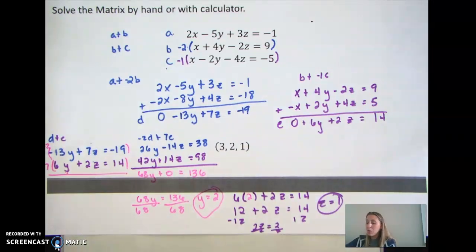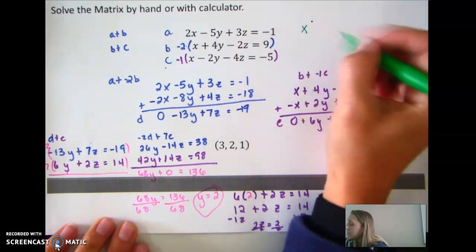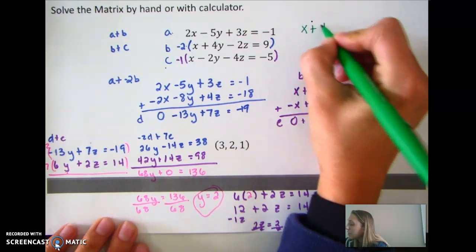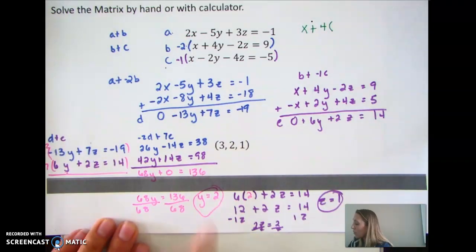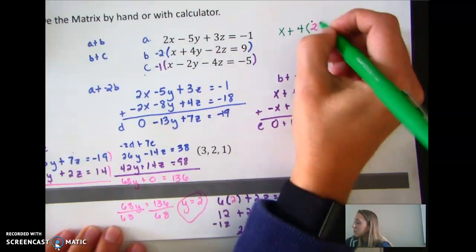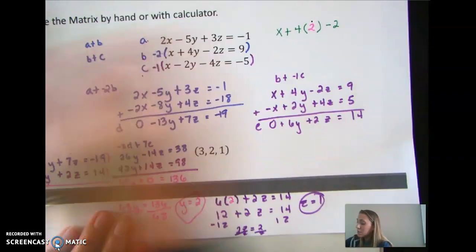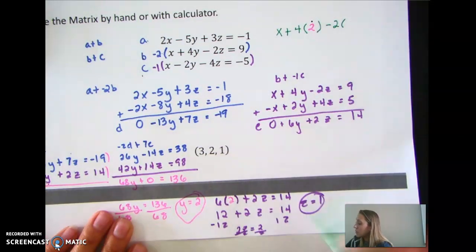So what we're going to do is, alright, let's see here. I don't know what x is yet, so I'm going to do x plus 4. What was my y? Oh, it was 2. So I'm going to plug in 2. And then I'm going to subtract 2 times, what was my z?